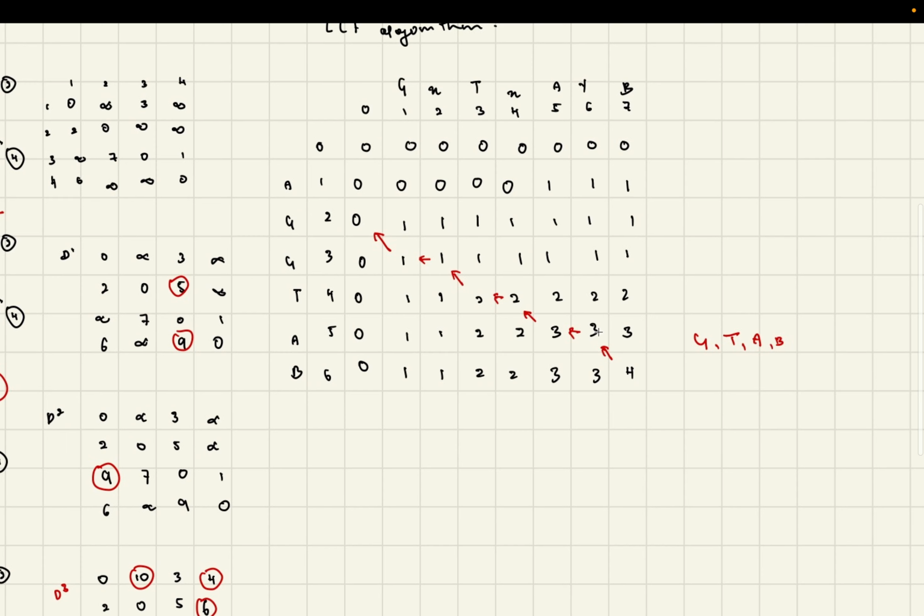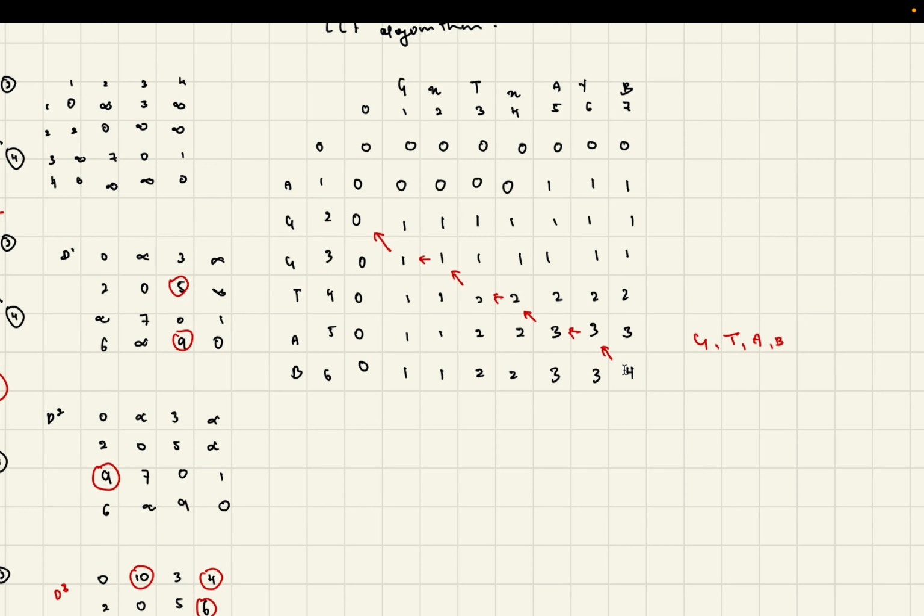So along the way we put 3 because the common alphabet count has become 3. And then at the corner of the matrices, they have 4 common alphabet, so we put 4.